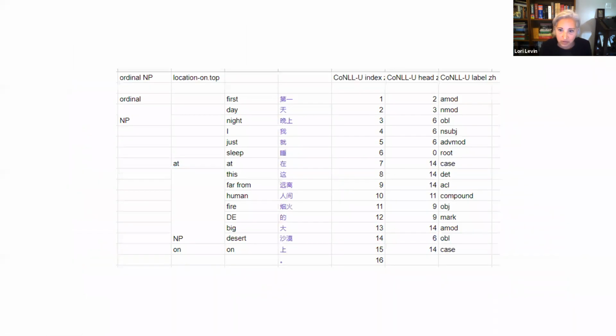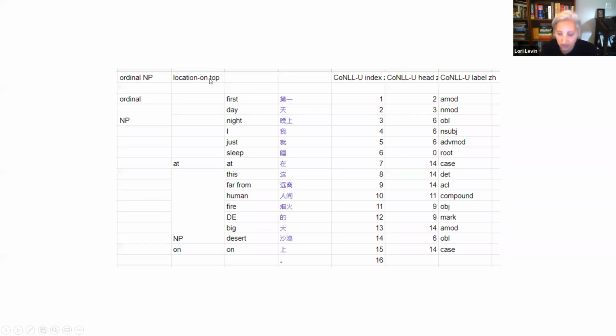Now, if you look at Chinese, and I got this from the grammar formalisms class last spring, and the Chinese tree banking was done by Shan Zhang. So you can see that Chinese also has an ordinal noun phrase construction, but it doesn't start with a determiner. It only has 2 construction elements, the ordinal and the noun phrase.